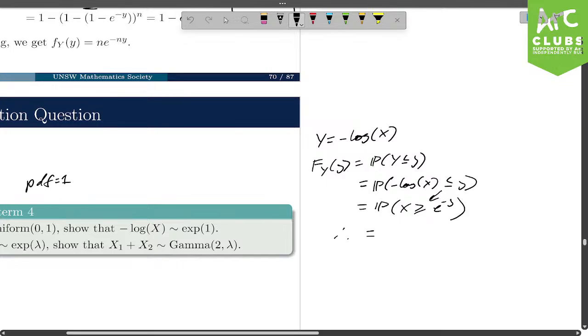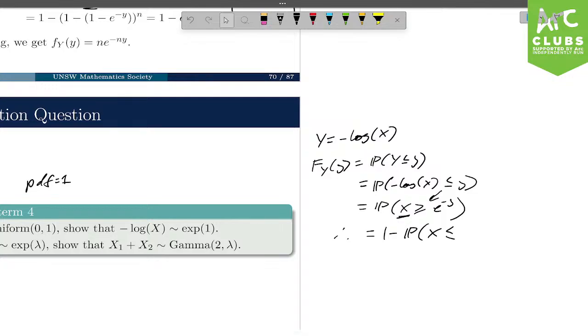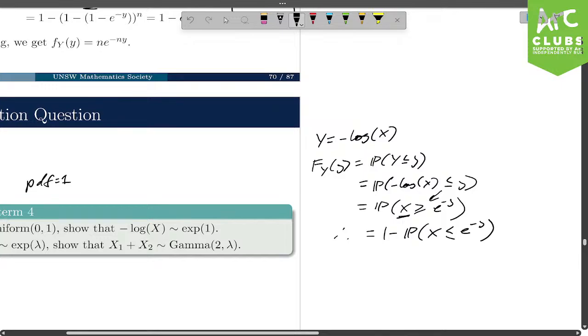So, mind you, x is uniformly distributed. And so what I actually get right here is 1 minus the probability of x being less than or equal to, mind you, the equal sign is a little funky since at a single point it's 0, so we can add or subtract it however we see fit, e to the minus y.